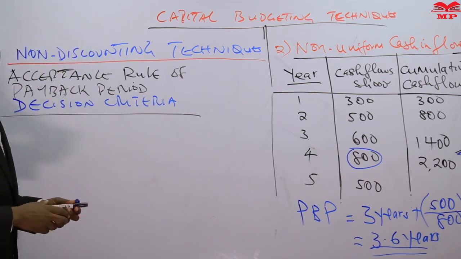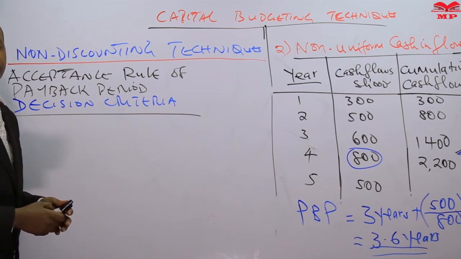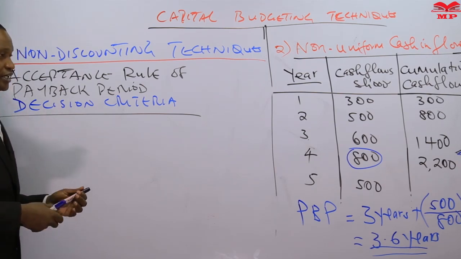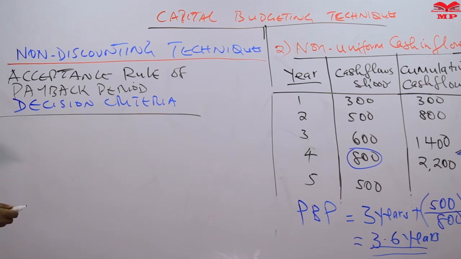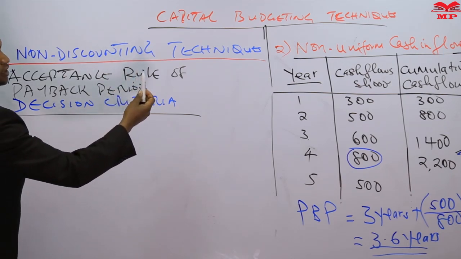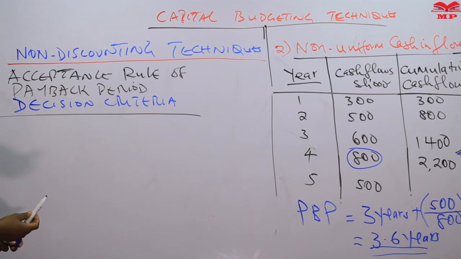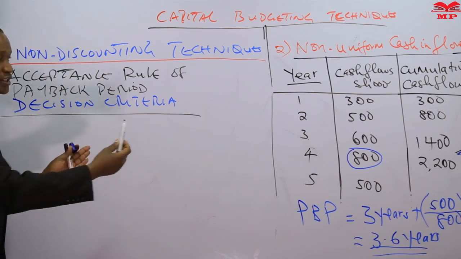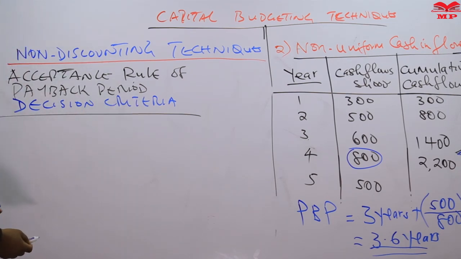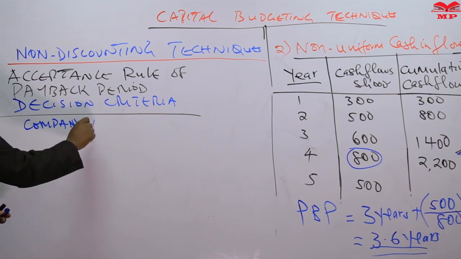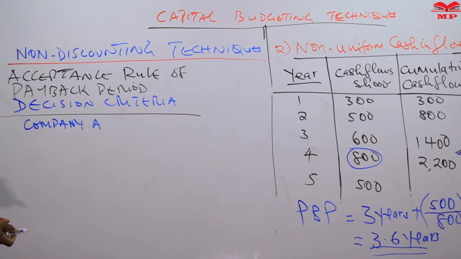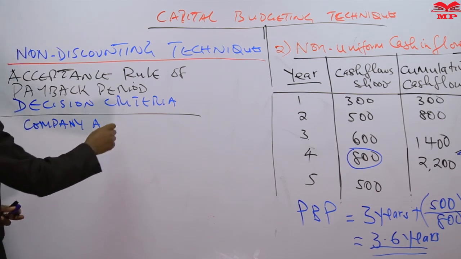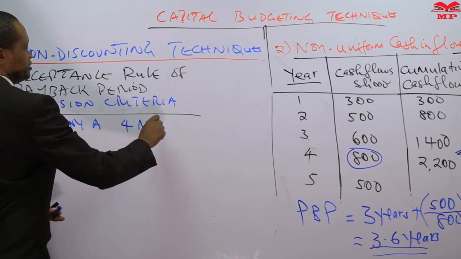Companies have their own policies regarding how the company is managed. A company may have a policy where they have decided that when investing in capital projects, the project that should be undertaken should be the one that meets the payback period that has been set. For example, company A may have a period that is set in advance, say 4 years payback period.